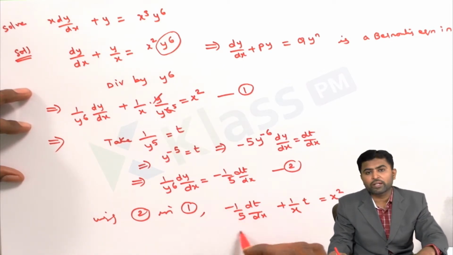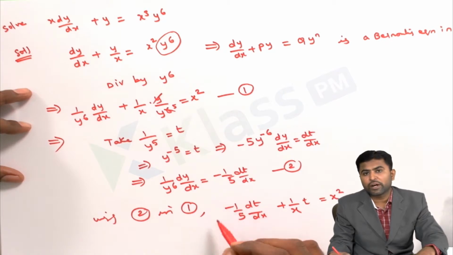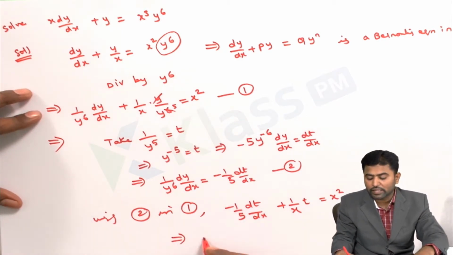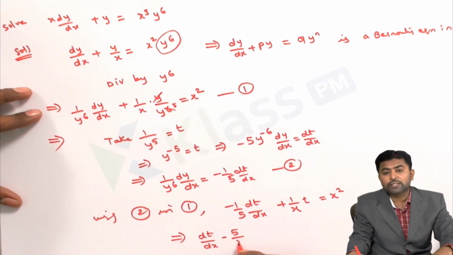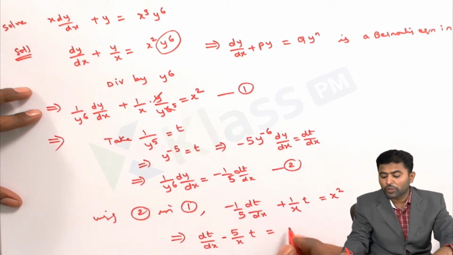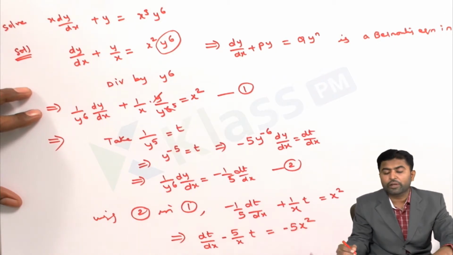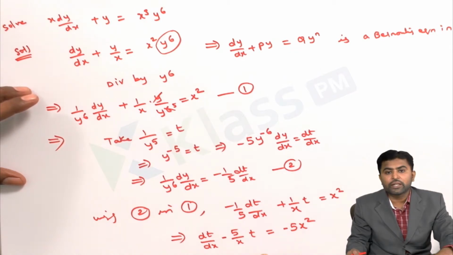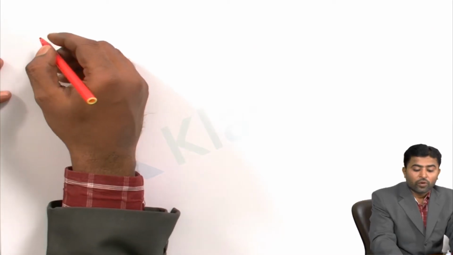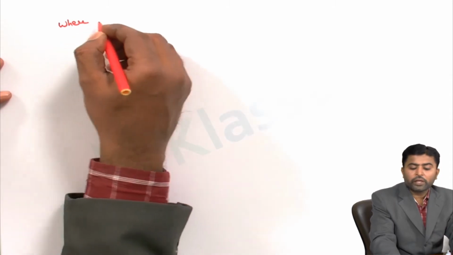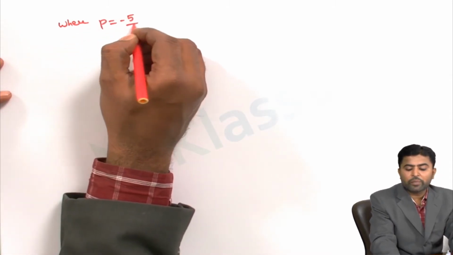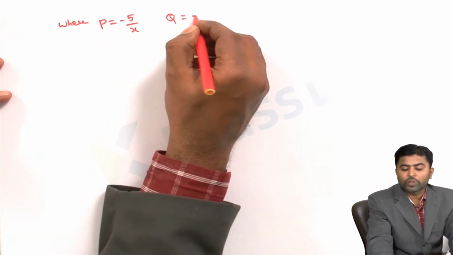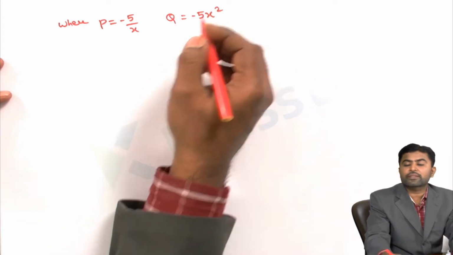So I just have to make a change here, multiplying the complete equation with minus 5. So I get dt by dx minus 5 by x into t is equal to minus 5x square. Now it is exactly a linear differential equation in t, where p is equal to minus 5 by x and q is equal to minus 5x square.